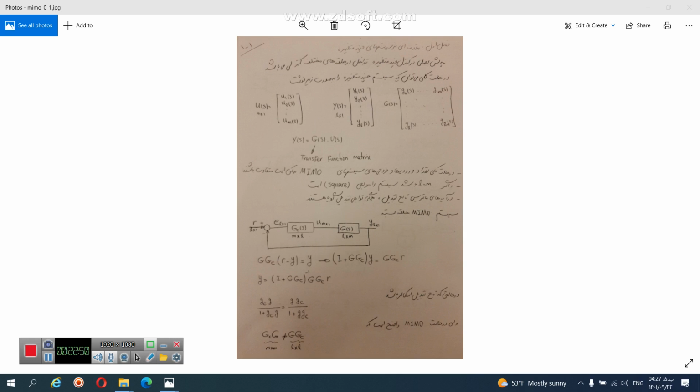It's a big rank. Okay? In MIMO system, GCG, we call this in this problem C. In this textbook, we read GC. GC multiplied by G is not equal to G multiplied by GC.